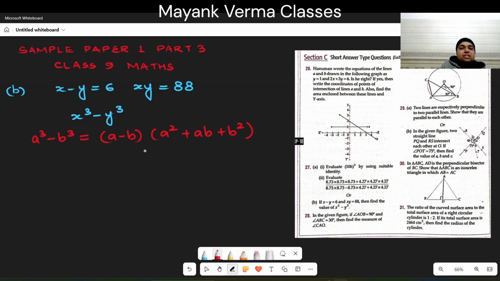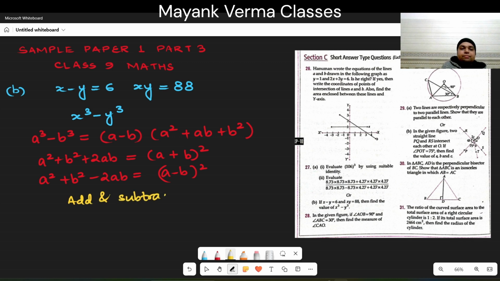So we can use this identity that a square plus b square plus 2ab is equal to a plus b whole square, and also this identity a square plus b square minus 2ab is equal to a minus b whole square. In this case, I only have x minus y with me, right? So what I can do is add and subtract 2ab.